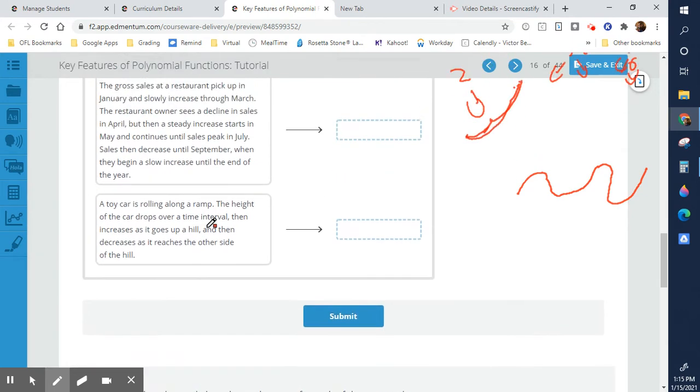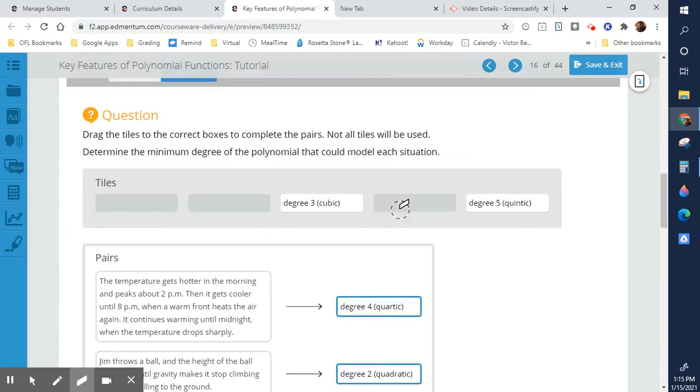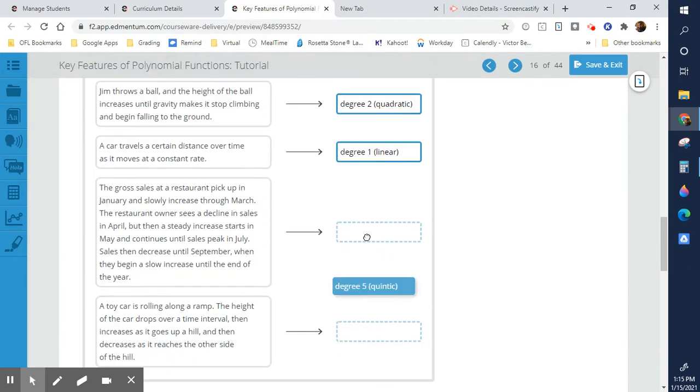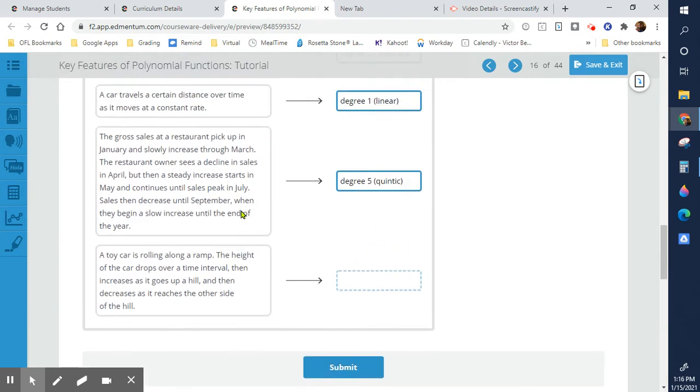So I'm not sure why they said it picked up in January and then said it kept increasing, because that clearly had no effect on its degree. So that was just very weird. It picks up in January and slowly increases until March. So that just means they might have started keeping track in January. That's very weird how they phrase that.